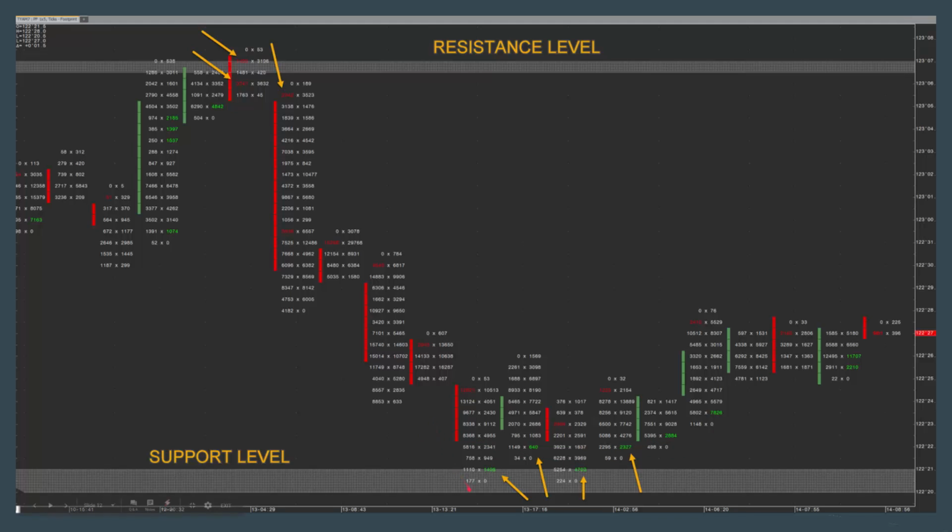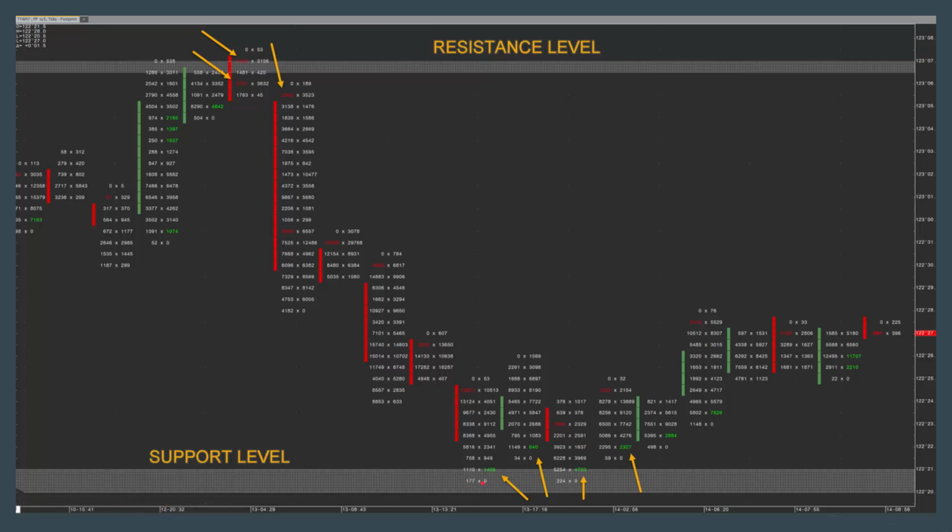But as it pierced into my support level, this is what I want to see. Market bounced, and again, depends on what you're playing for. You never know whether the reversal is like the low of the day or the high of the day. But the whole idea is to give you help on the timing of your trades.